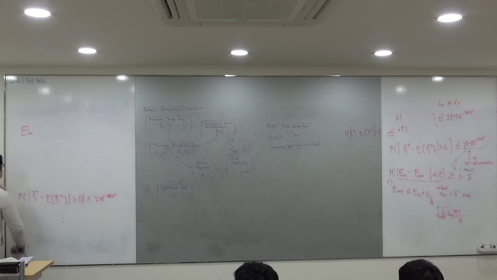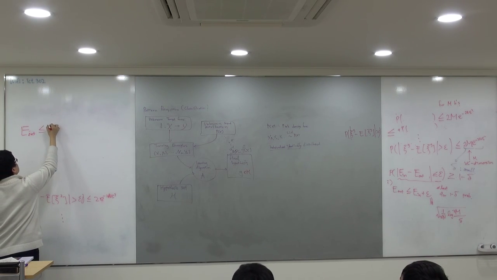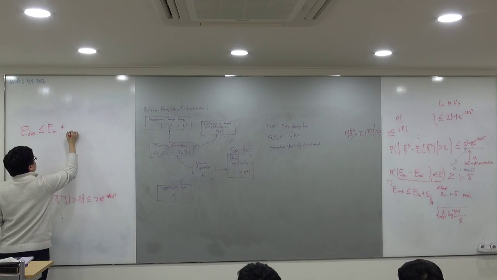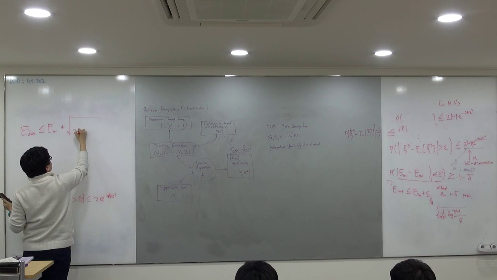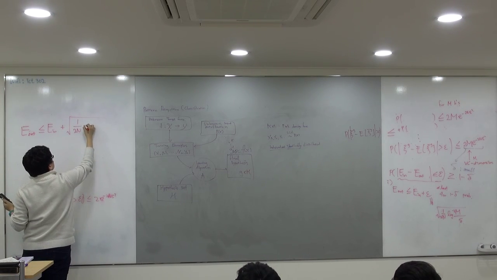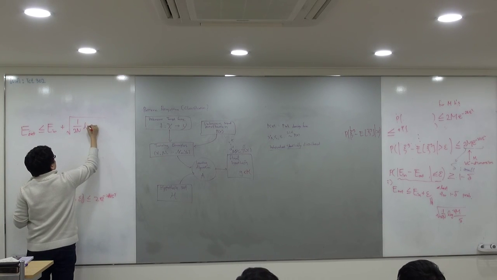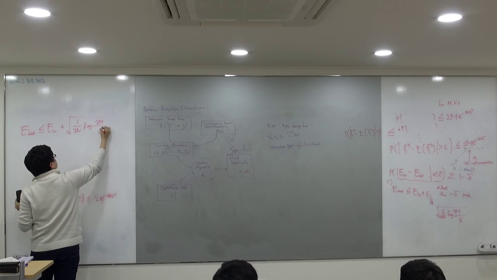I'll write down that inequality again. E out is smaller than E in plus 2 n over delta.